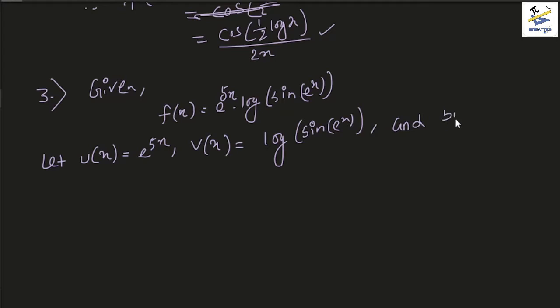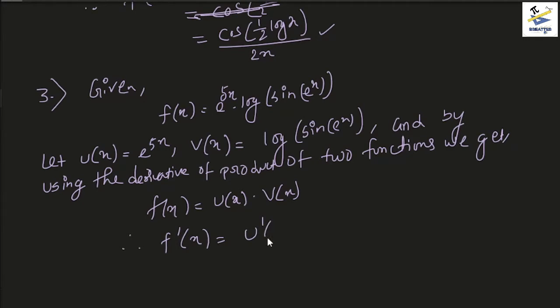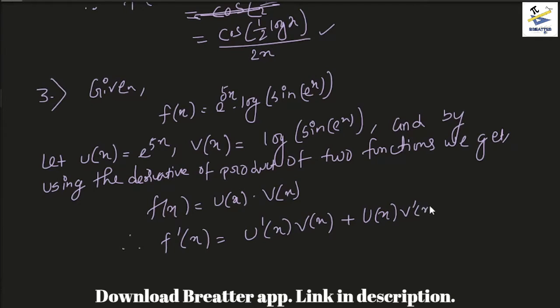And by using the derivative of product of two functions, since f of x is just equal to u of x into v of x, what we get is f dashed x is equal to u prime x into v of x plus u of x into v prime of x, right?